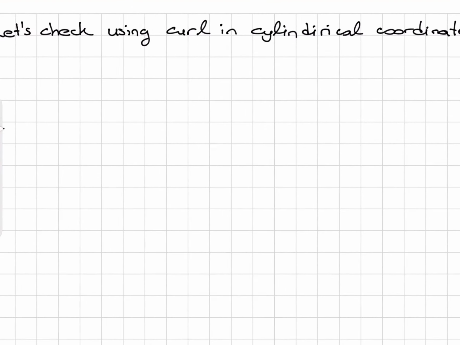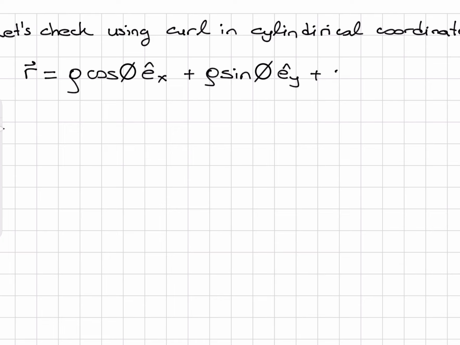So if I remember the position vector r written in cylindrical coordinates, this is equal to rho cosine phi, the polar angle, ex hat, the azimuthal angle phi, plus rho sine phi ey hat, plus z in ez hat direction.